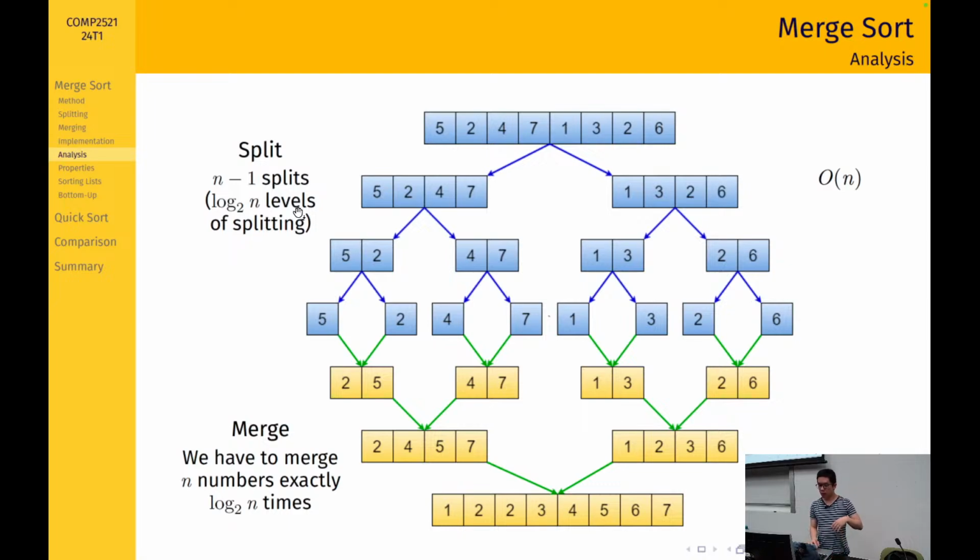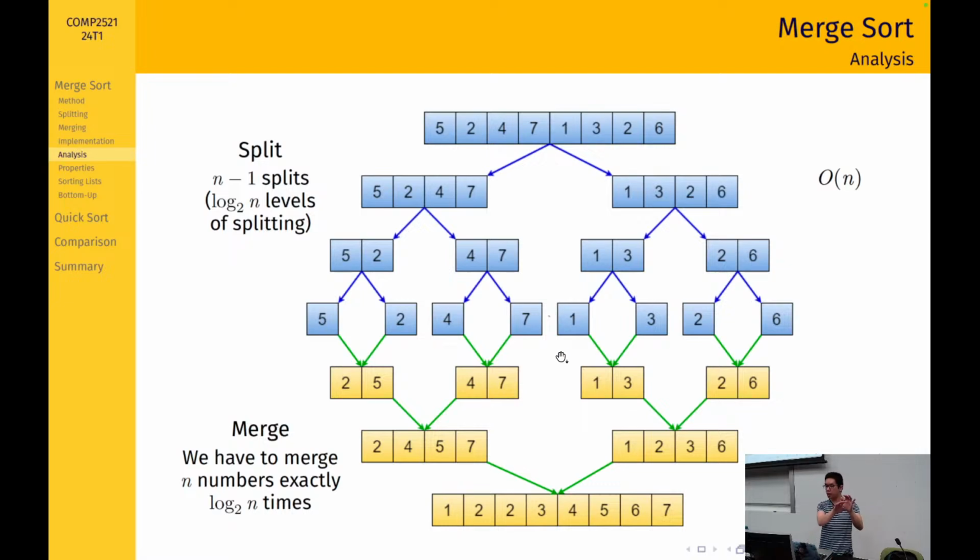We analyzed merging earlier in the lecture, and we saw that in order to merge two sorted subarrays into a single sorted subarray takes about O(n) time, where n is the total number of elements we're merging. So if we merge these two arrays of size 1 into an array of size 2, that takes about 2 comparisons, and same across the entire level.